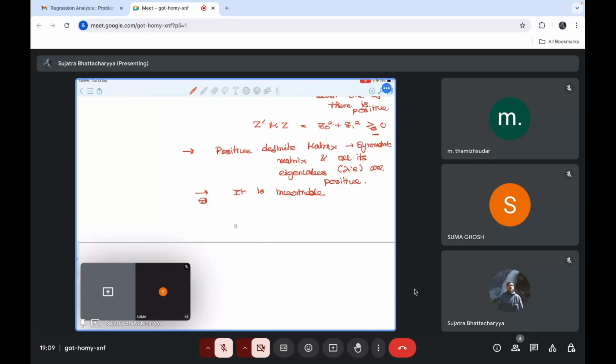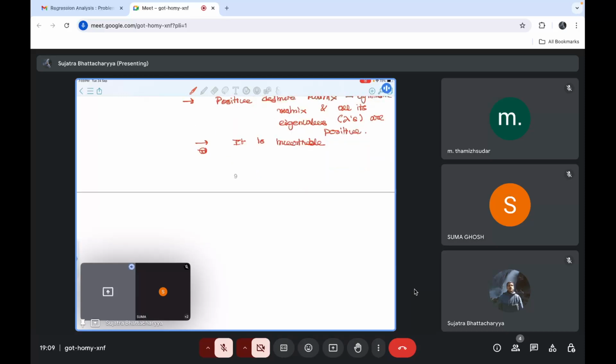Why are we considering the positive definite matrix?